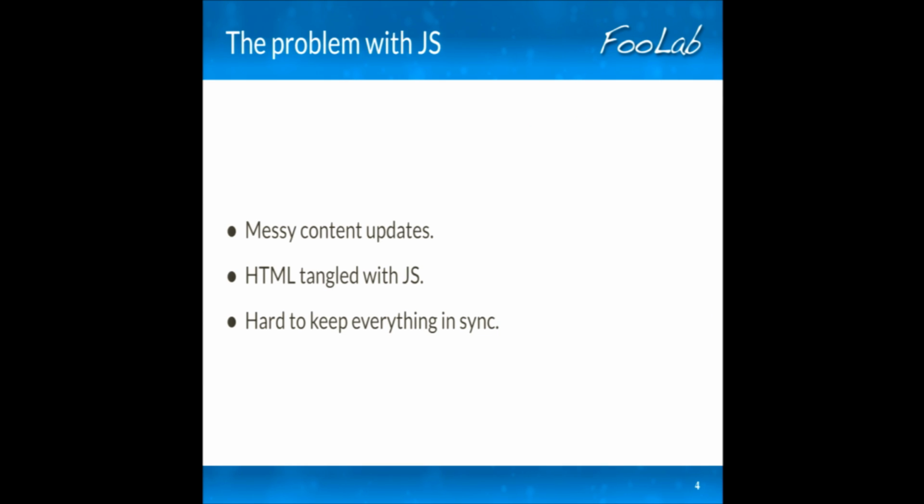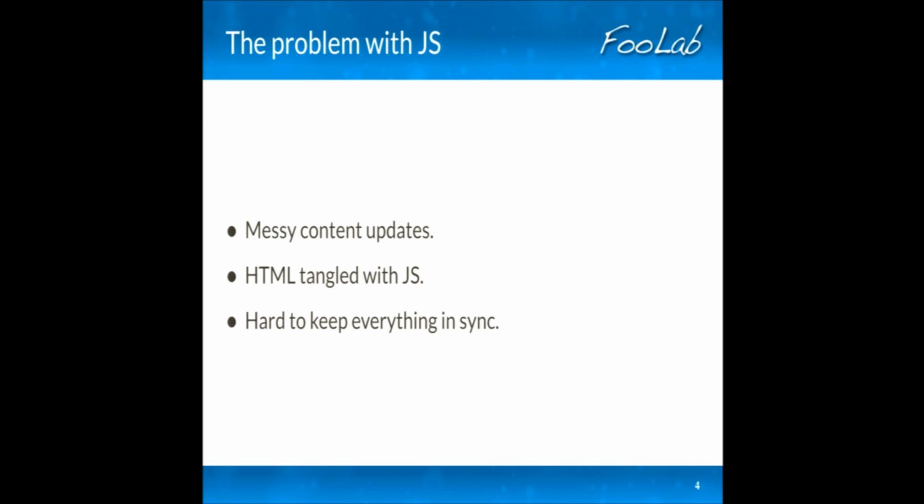So the problem with JavaScript generally is that you have messy content updates. Imagine you have a div, and then you're listening to some event, or you click on a button. Then you pull stuff with jQuery, you do an AJAX request, and then you have to go and update that div inside your application.